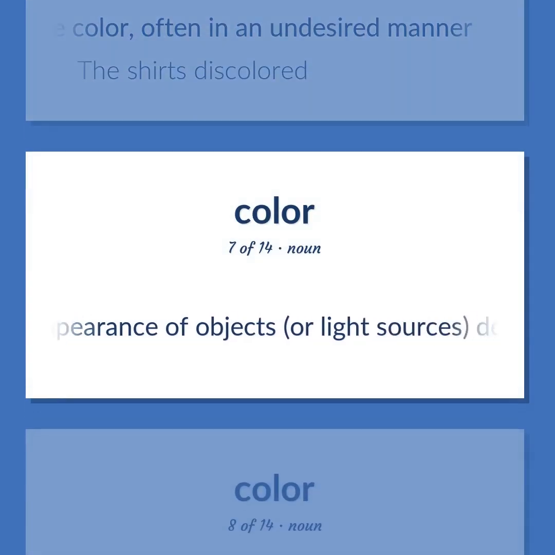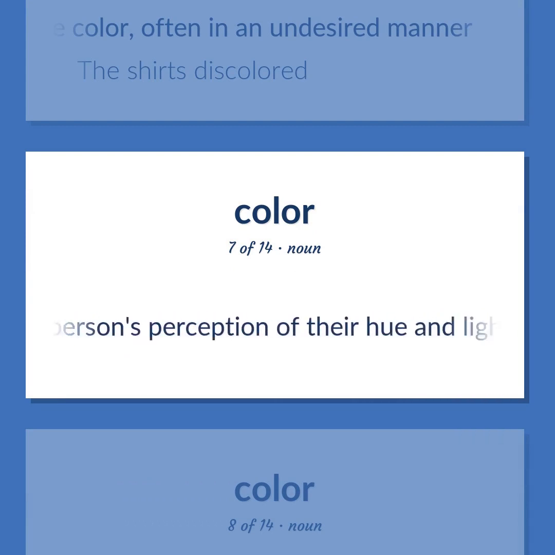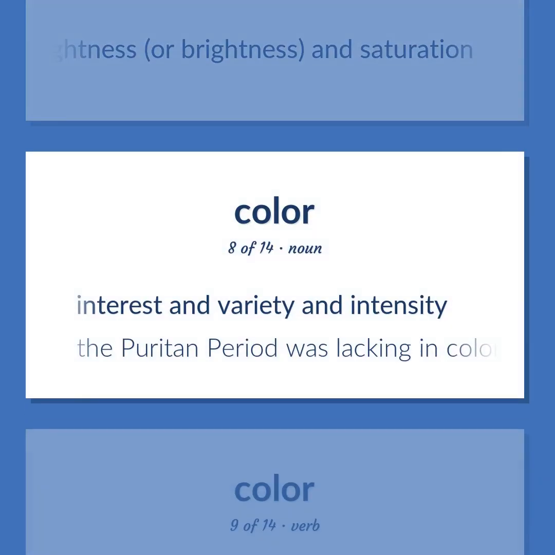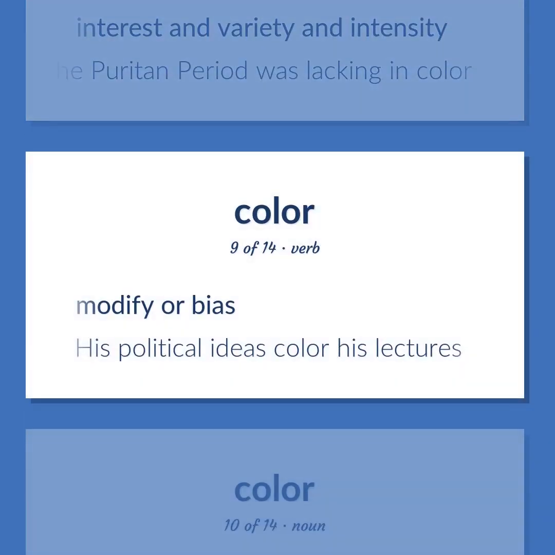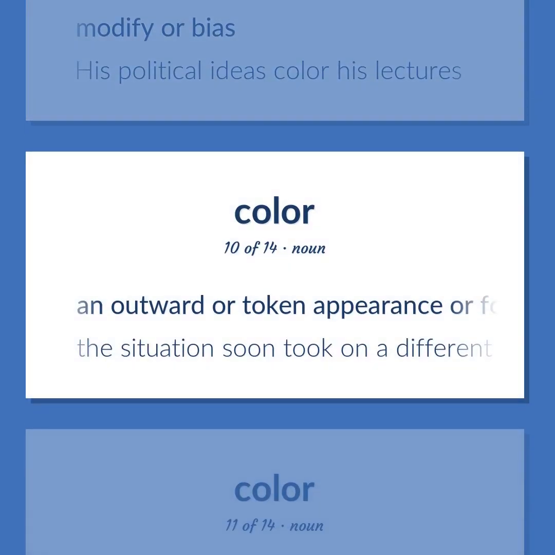The appearance of objects, or light sources, described in terms of a person's perception of their hue and lightness, or brightness, and saturation. Interest in variety and intensity. The Puritan period was lacking in color. Modify or bias. His political ideas color his lectures. An outward or token appearance or form that is deliberately misleading.